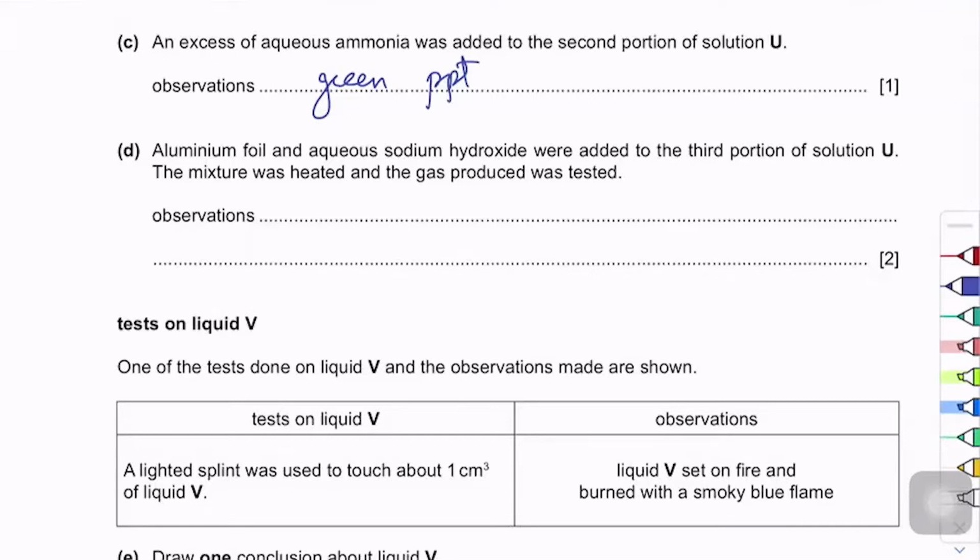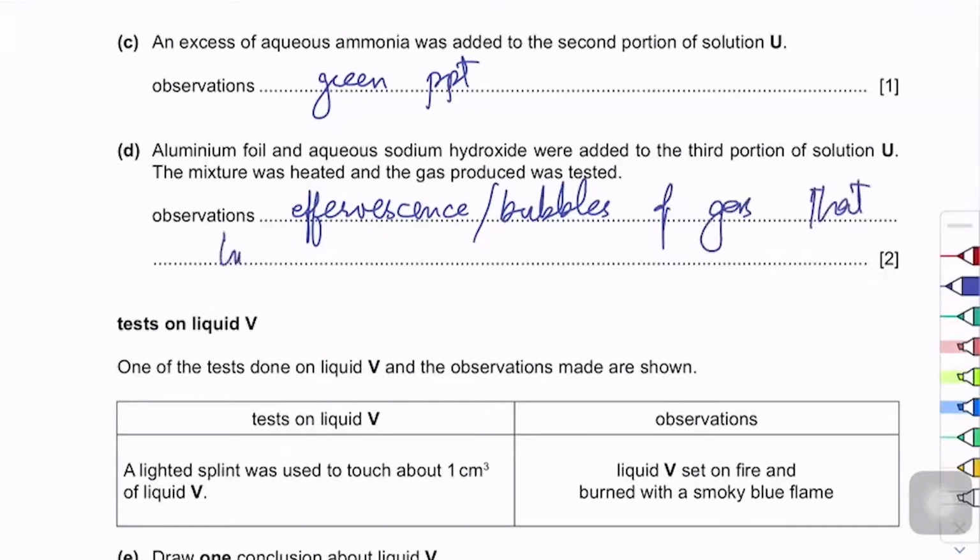That ammonia gas will turn red litmus blue because it's basic. So: effervescence or bubbles of gas that turns red litmus blue.